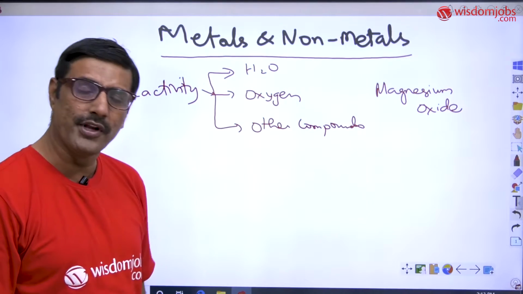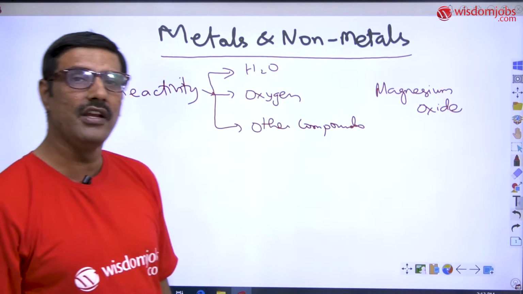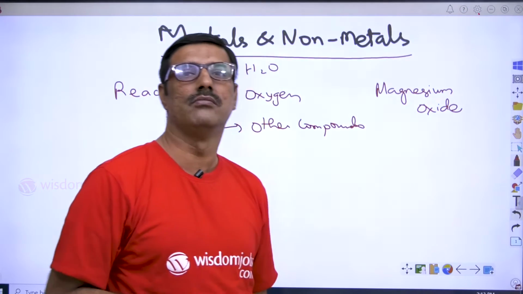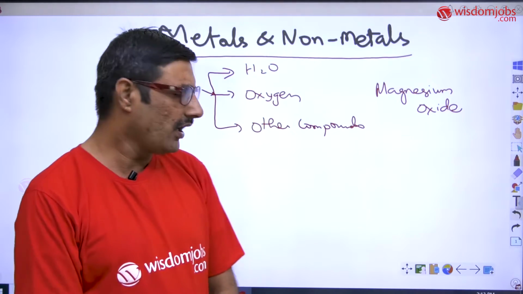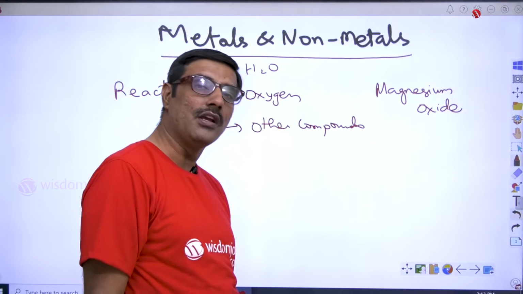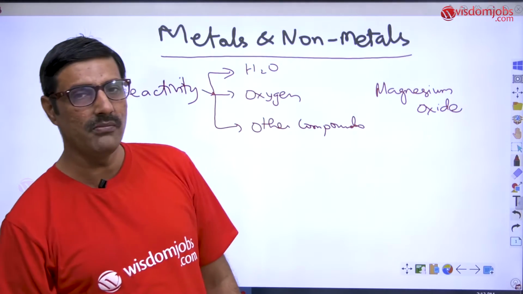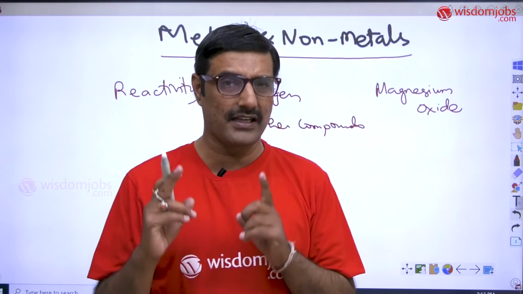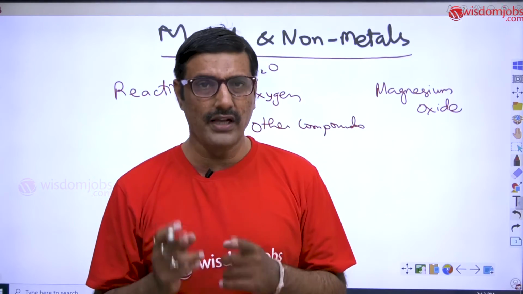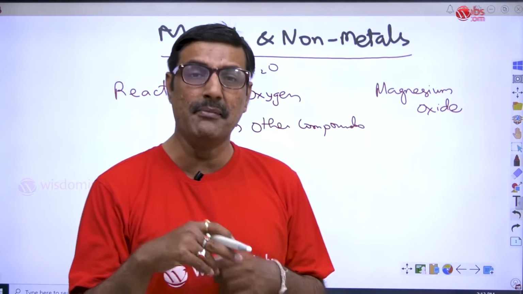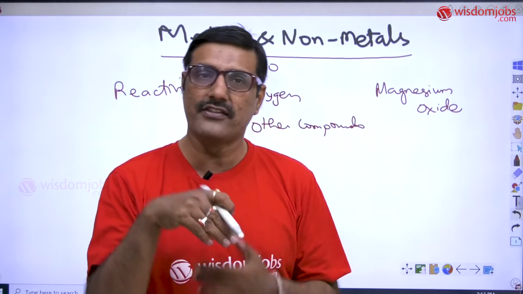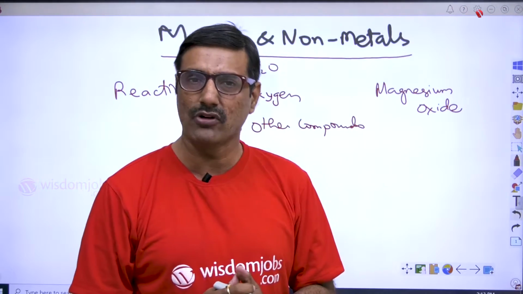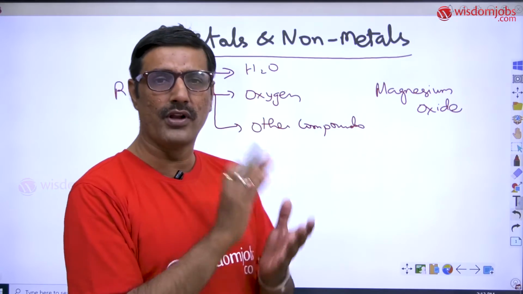Now, sodium is a very soft metal which is generally kept under kerosene. Always sodium is placed under kerosene because it is so highly reactive that as and when it comes out of the kerosene, it immediately reacts with oxygen and forms sodium oxide.